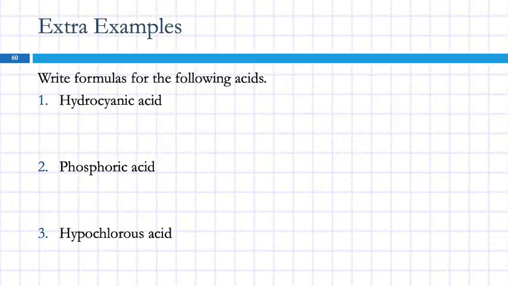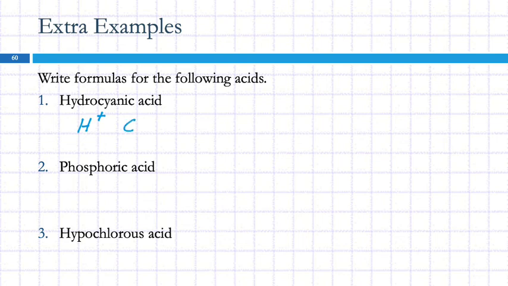So here's some extra examples. Write formulas for the following. Hydrocyanic acid. Is this an oxyacid? No. This is why I don't like the name binary acid, because how many elements are in this? Well, we have to write the formula first. Never mind. There's 3. So hydrogen, and then you can look for a long time for cyan anything on the periodic table.